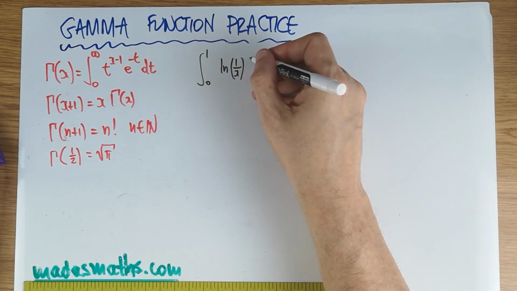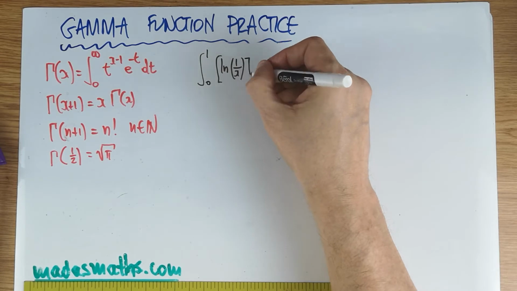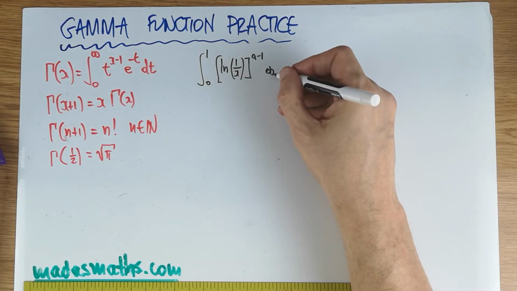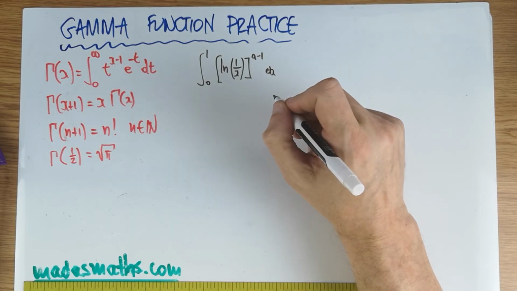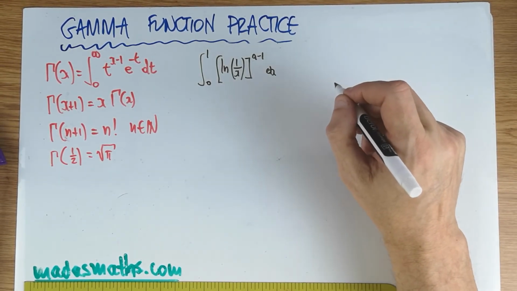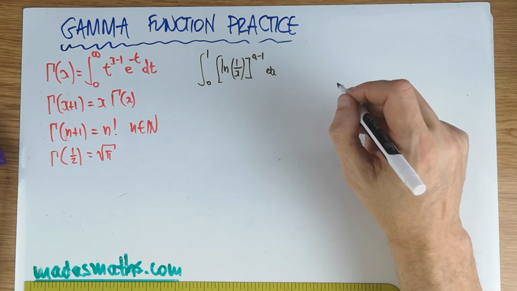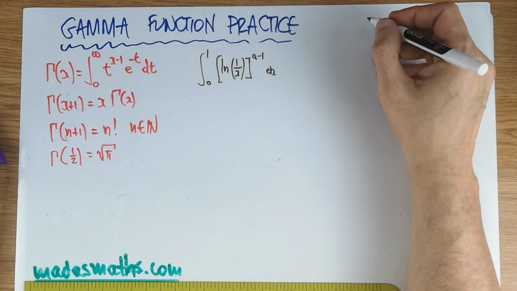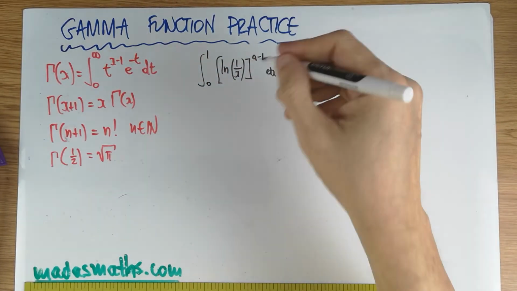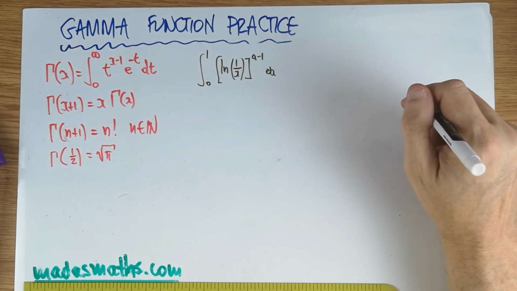If I put it here, it means something different. It's the whole log that is to the power of a minus 1 dx, where your a cannot be 1, 0, minus 1, minus 2, minus 3. Give the answer in terms of a gamma function. So there'll be a function of a quite clearly, because of that a that's in there.